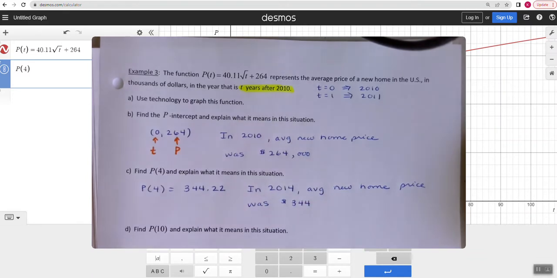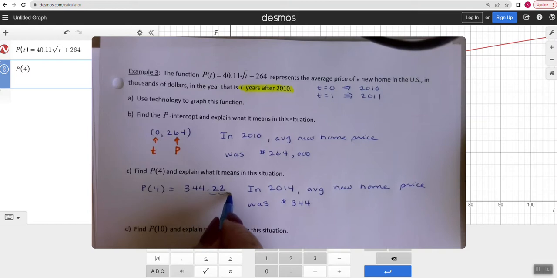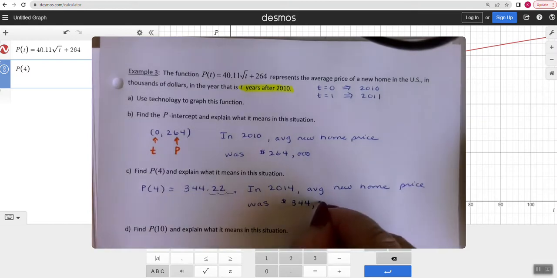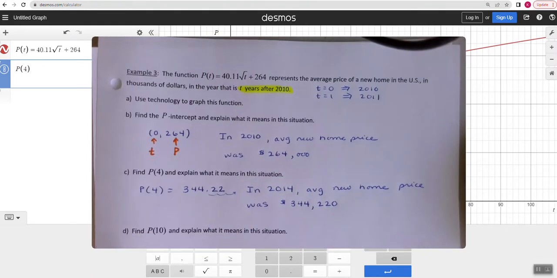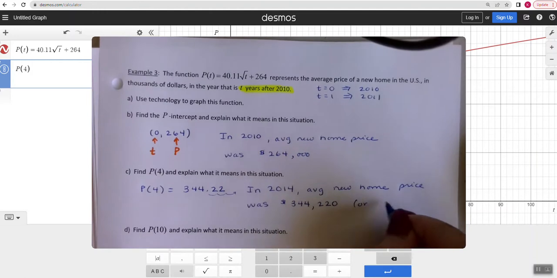And again, you can either write the word thousand, or if you want to move your decimal point over 3 places, you can write it in actual money, $344,220. Or again, if you prefer, you can just leave it like that.